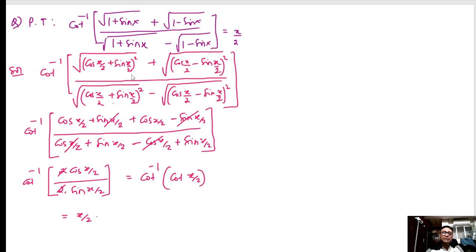So we are using this, the square and root cuts. So 2 cos x by 2 by 2 sin x by 2, 2 cuts, this is cot x by 2, and cot inverse of cot x by 2 is x by 2. Clear? This is how we proved it.